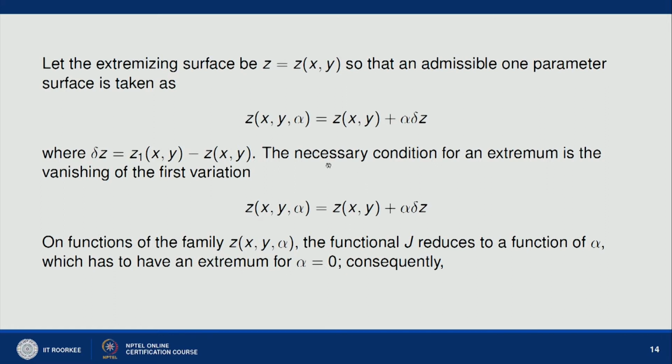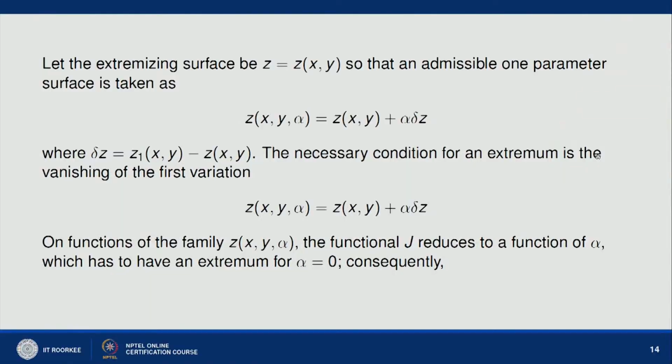As we have pointed out, the condition for the extremal of the functional is that the variation has to vanish, and that theorem does not depend on the form of the functional.